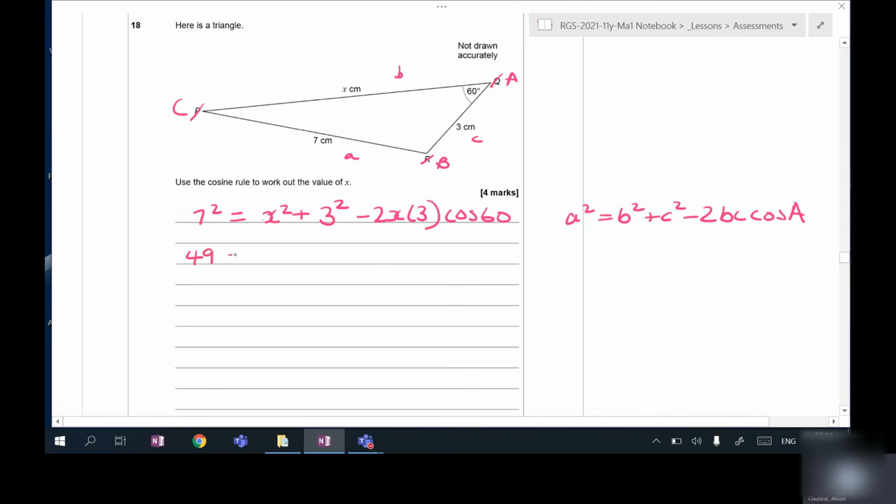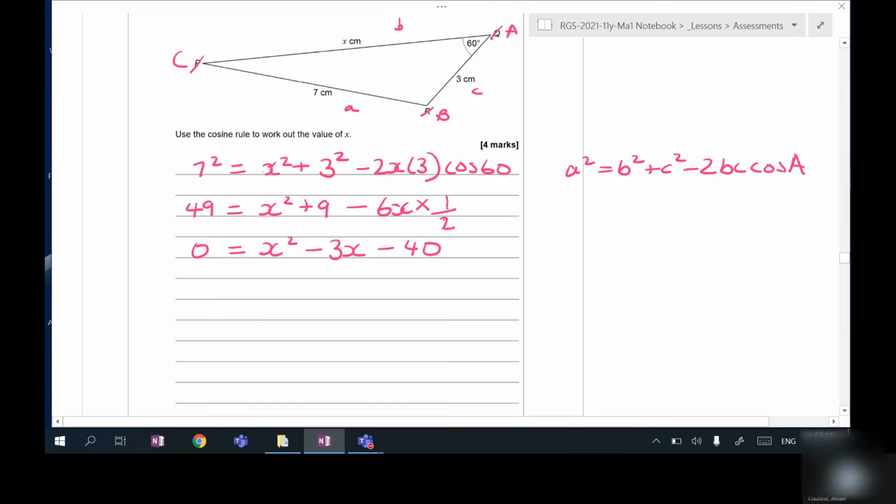So we've got 49 equals x squared plus 9 minus 6x multiplied by half. So what's happened here is they've just given you a quadratic. So we've got x squared minus 3x. I'm going to move the 49 to the other side to give you minus 40.